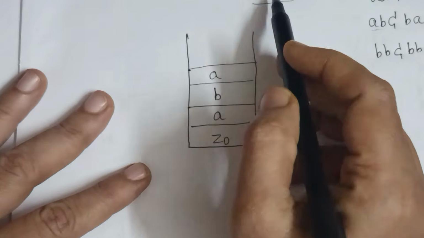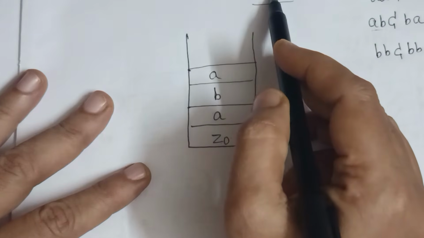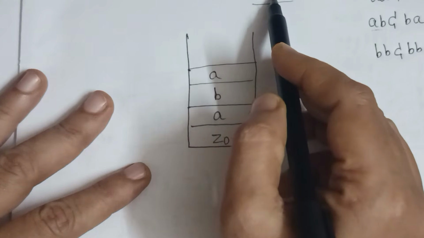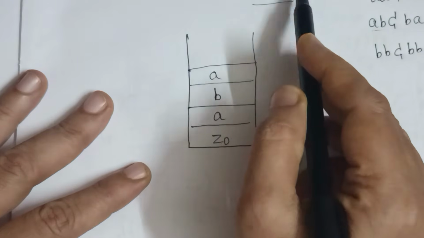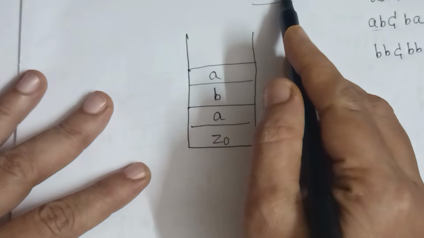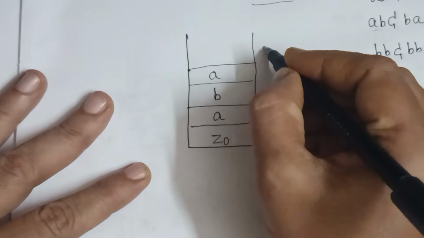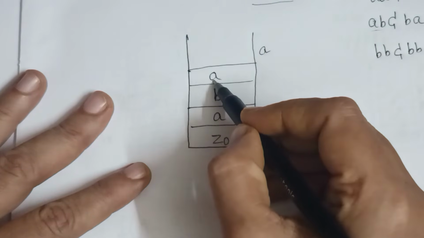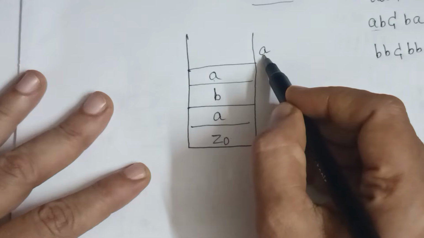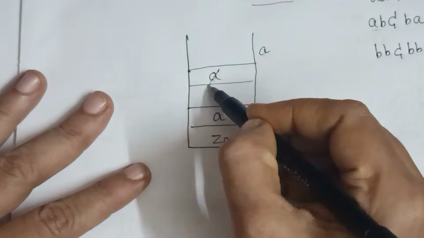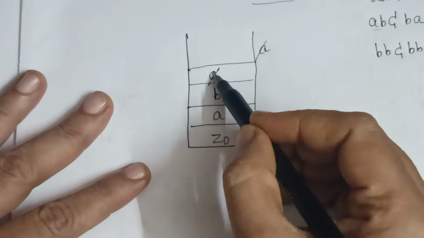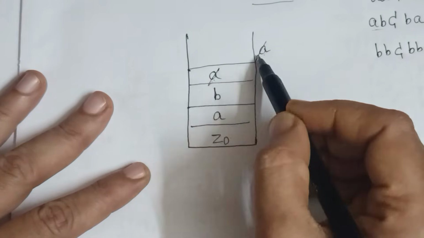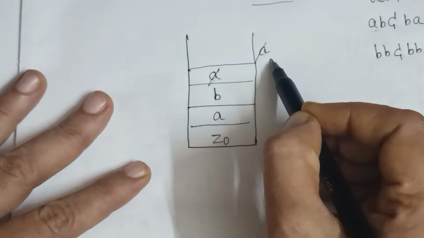Now C is the constant symbol, which represents the partition between W and W power R. Now whenever I read A, this A should be cancelled, meaning the top of the stack A will be popped out because its corresponding symbol has been encountered.